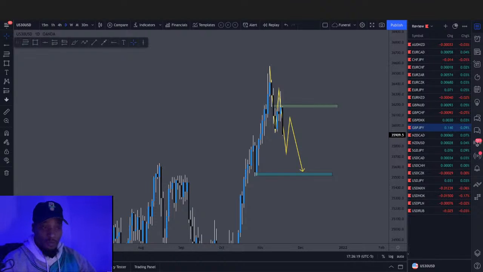So if you have a specific setup that you look for and it's not presenting itself, and you only trade that 1 or 2 pairs and it's not giving it to you for 3 weeks, what are you going to do? You probably get anxious, try to force a trade, take some dumb trades, and now you're losing money. But if you learn how to trade the chart, what you're actually seeing, trade what you see, not what you think, then it doesn't matter. There's a plethora.